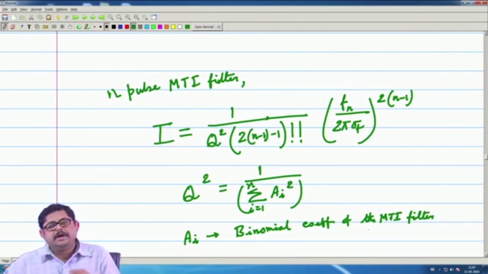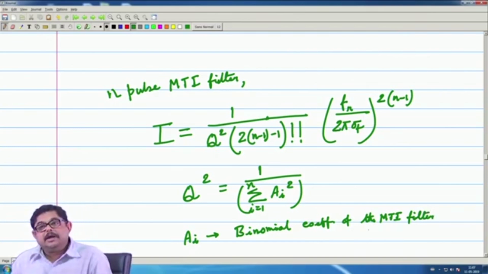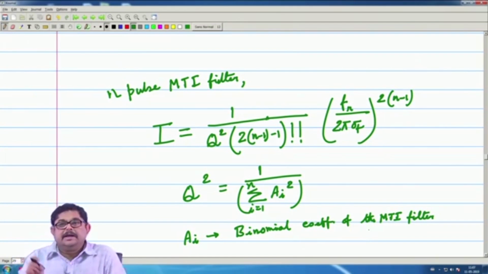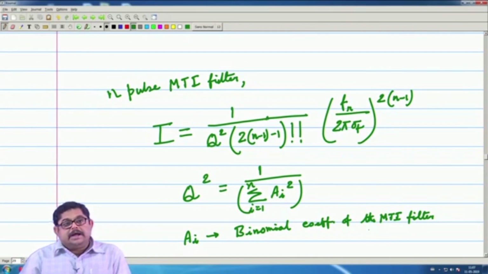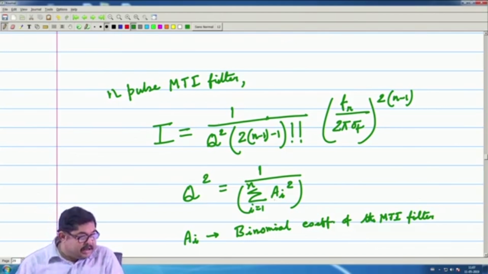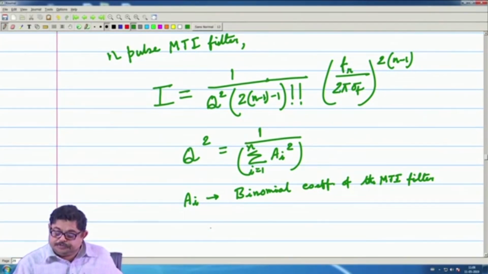We have seen that higher order MTI filters we can always implement by a transversal filter, and there are weights. Those weights are the coefficients, and it can be shown that they are nothing but binomial coefficients. If we choose them that way, that gives you the optimal result. We will discuss that.